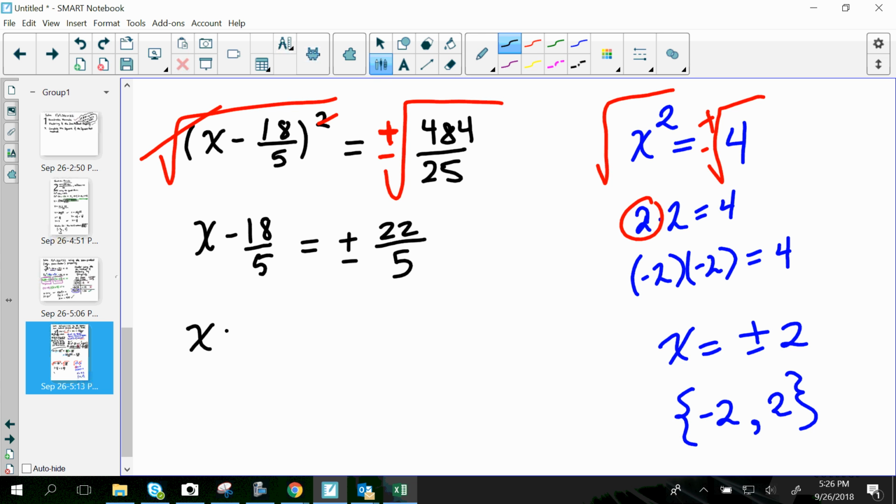Then x will just be moving negative 18 over 5 to the other side by adding it.